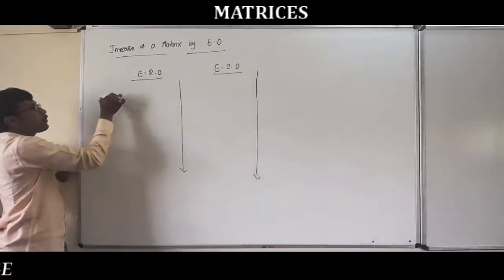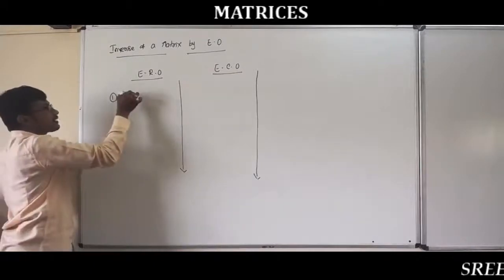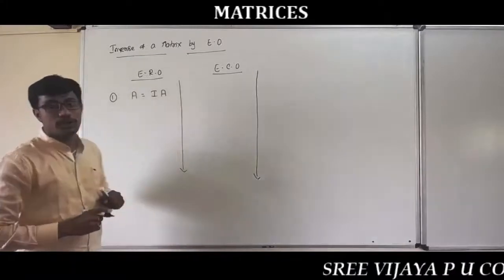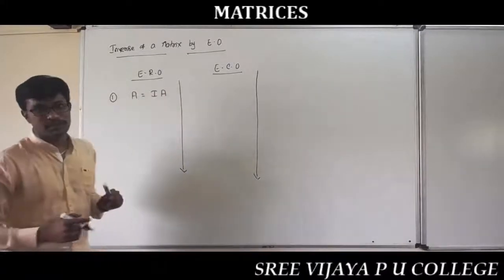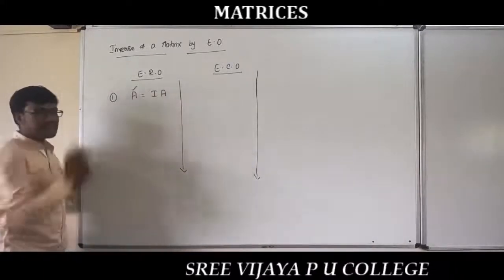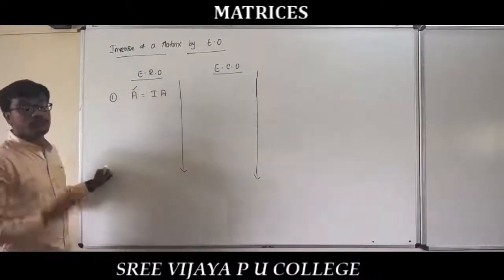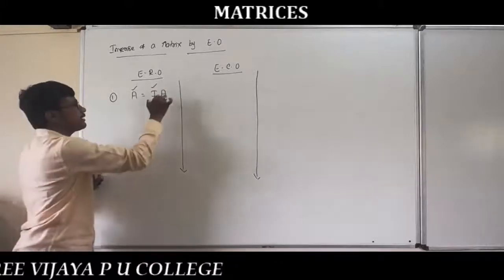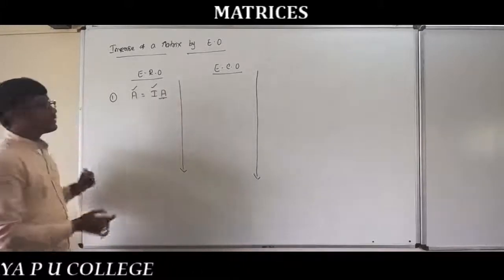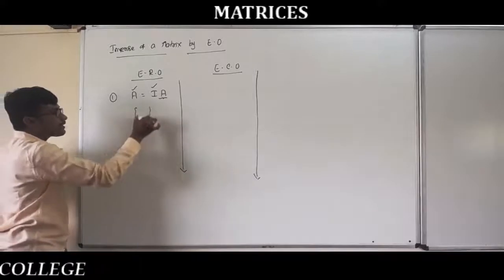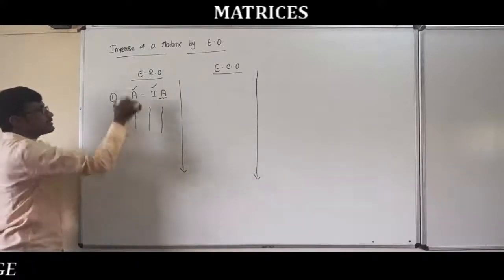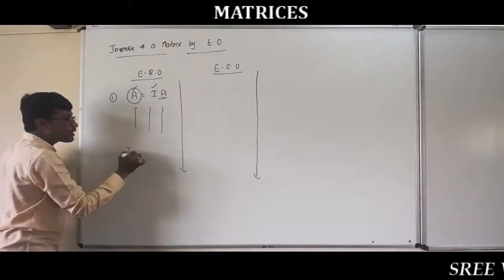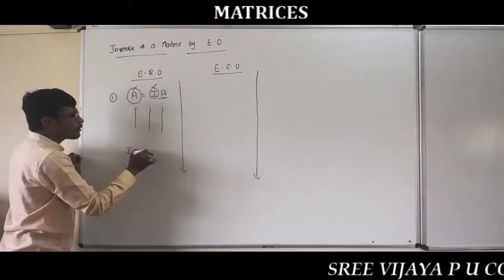So, for the elementary row operations, we can write that A is equal to IA. This is the first step we can do for the elementary row operations. So, where A is a given matrix, for which matrix you are finding the inverse, and I is the identity matrix, and this A can be kept as it is. So after applying the elementary transformation, that is only row operations, this A can be converted to I, means identity matrix, and this I can be converted to some another matrix.